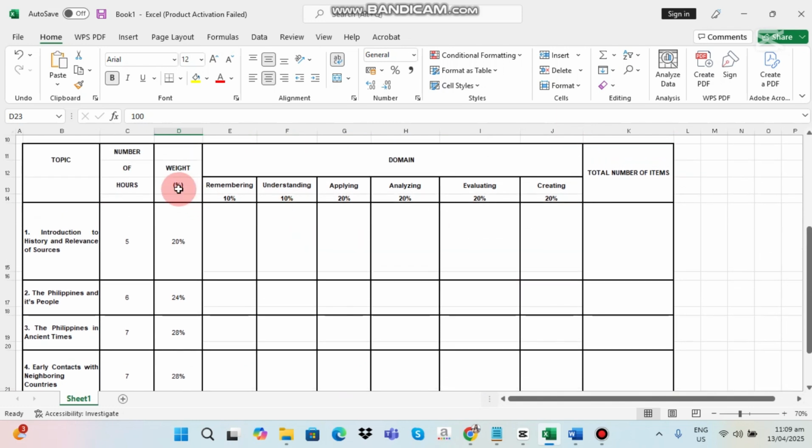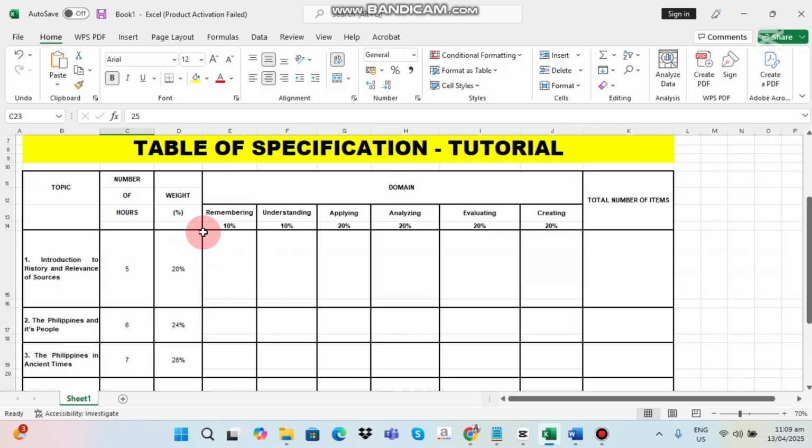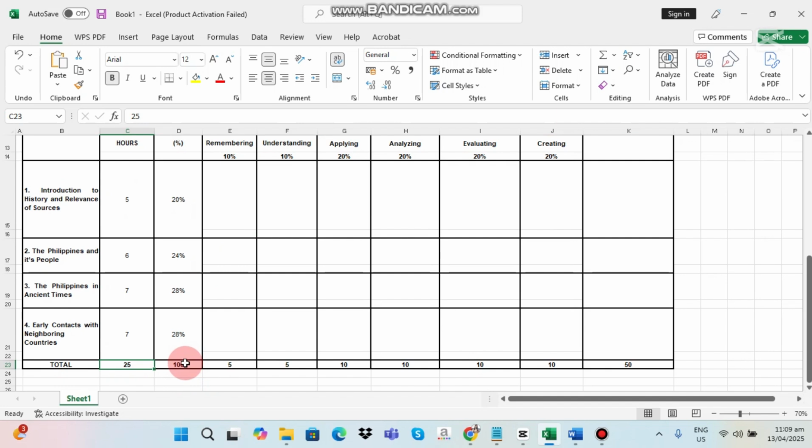So, earlier, to get the number of hours, you just divide this number 5 by the total number of hours, 25, and then multiply by 100%.